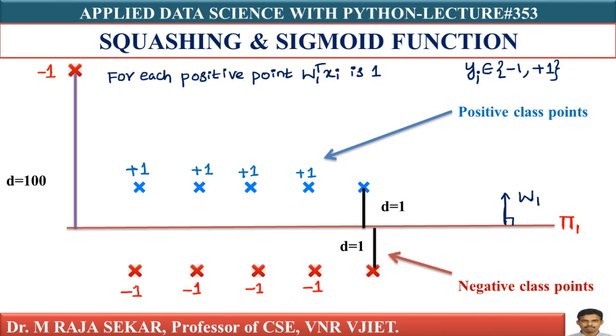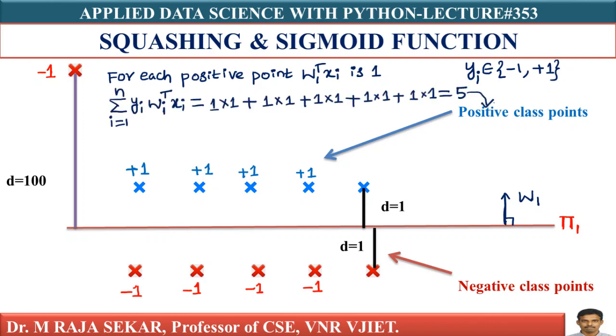Now what we have to do? For each positive point, let me calculate W1 transpose xi. What is this W1 transpose xi? Basically it is a distance. If I speak strictly, I am calculating sigma i equal to 1 to n of yi into W1 transpose xi. This W1 transpose xi is distance.